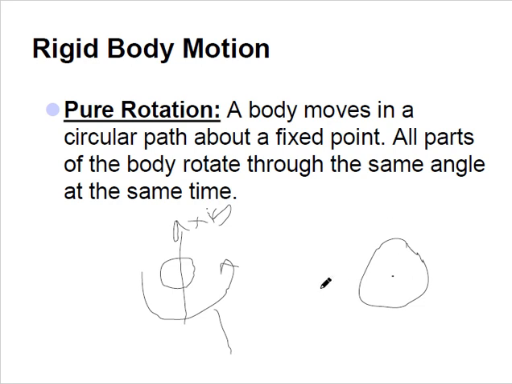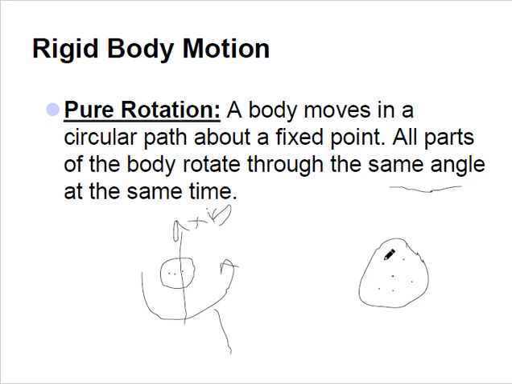This axis is represented by a fixed point like that when you draw on a two-dimensional plane. All points on your body are going to rotate through the same angle at the same time. Don't forget, the velocity of these points is different depending on how far the point is from the center, but the angle is the same. Another confusion is going to come here.